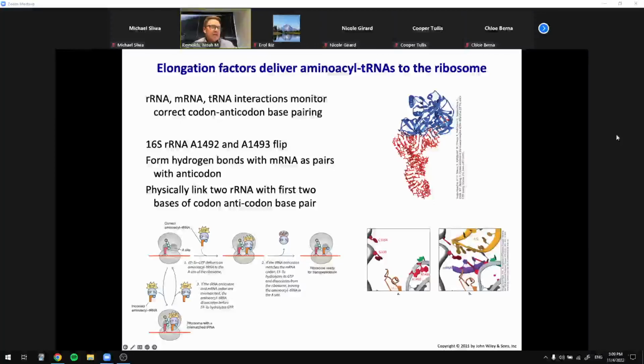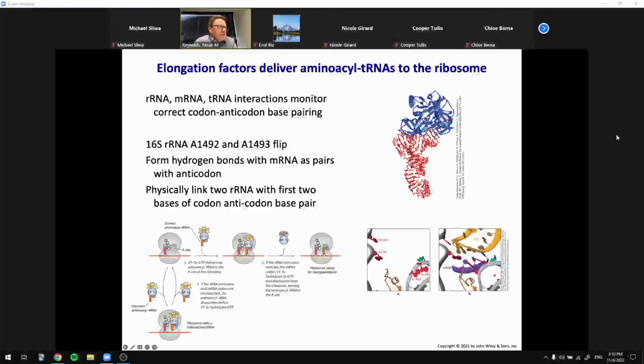And when it's not a proper base pairing between the codon and anticodon, then we don't get a structure change that allows EFTU to hydrolyze GTP. Does that make sense? Yeah, that helps. Thank you. But that would be some sort of multiple choice or some kind of question.